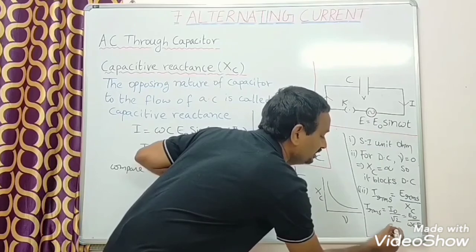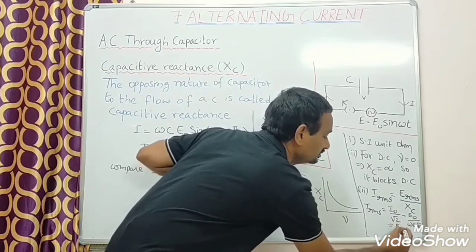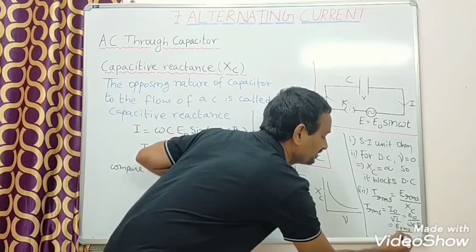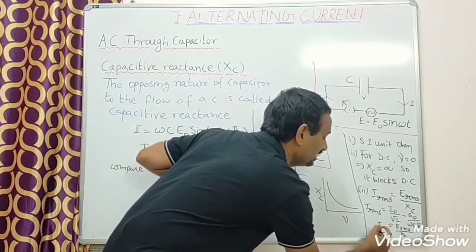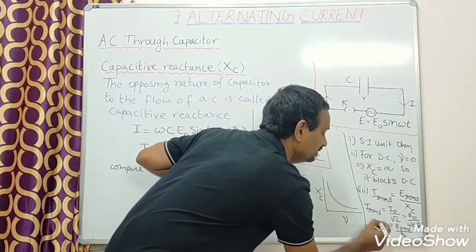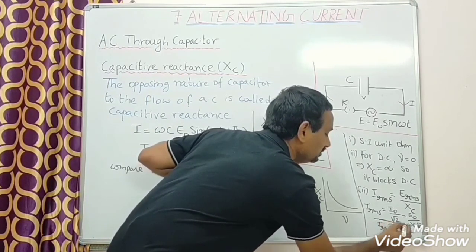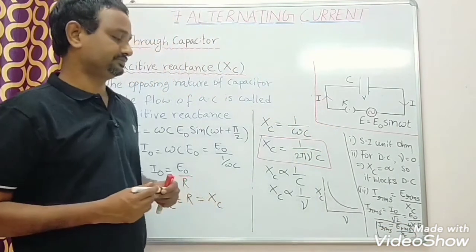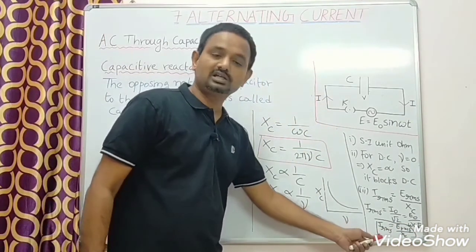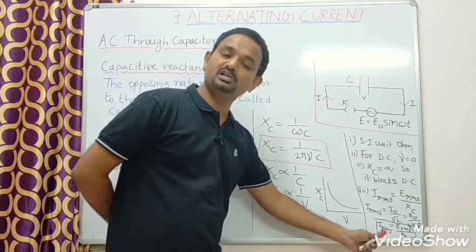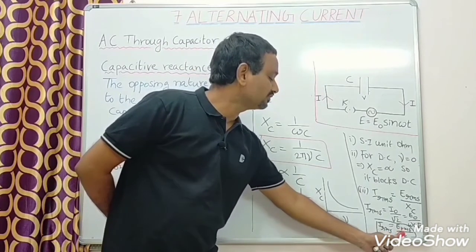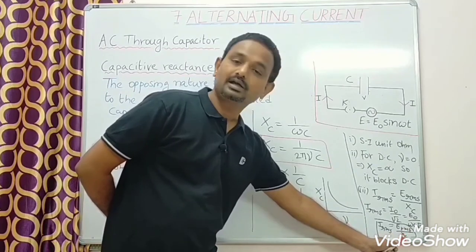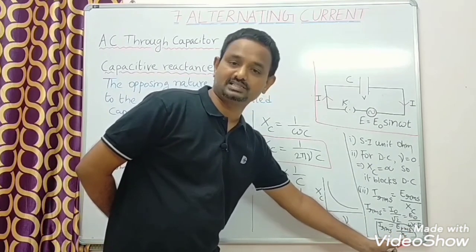Here E naught by root 2 means ERMS, and 1 by omega C means XC. So I got IRMS equal to ERMS by XC. So that I wrote root mean square value of current in terms of root mean square value of EMF and capacitive reactance.